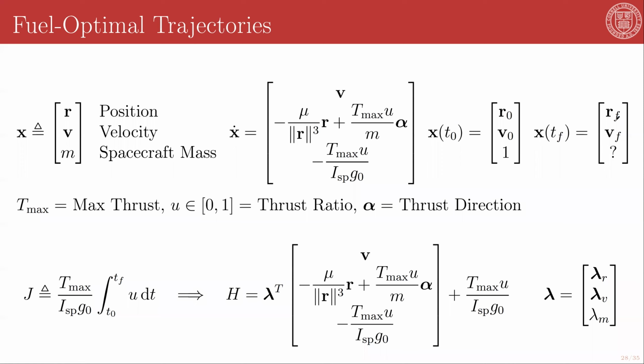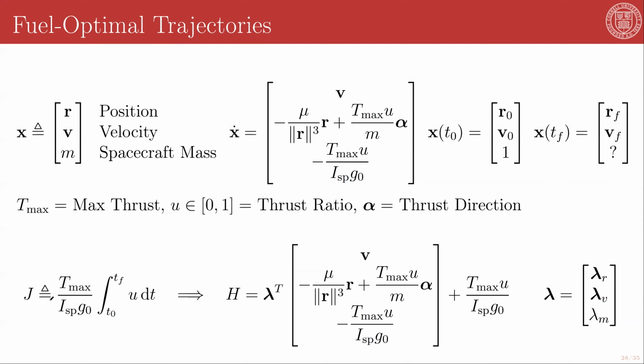We also have a known desired final position and potentially a desired final velocity, but we have to leave the final mass term open. We could set this to 0, but that would require us to burn all the fuel that we carry, which is not necessarily what we want. In fact, if we are using a fuel optimal trajectory, we want to burn as little of the fuel as possible. So we leave this final mass term as an open term to be optimized.